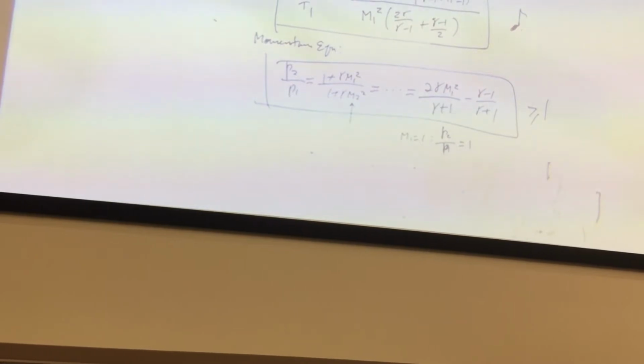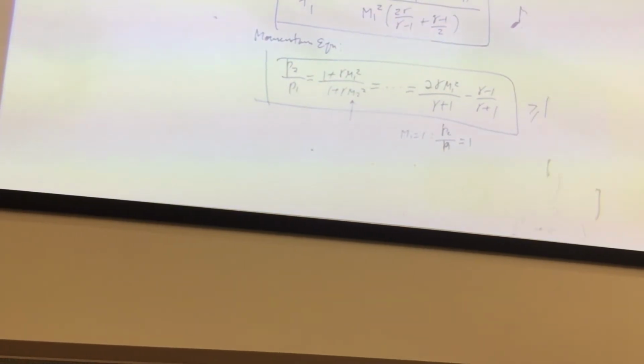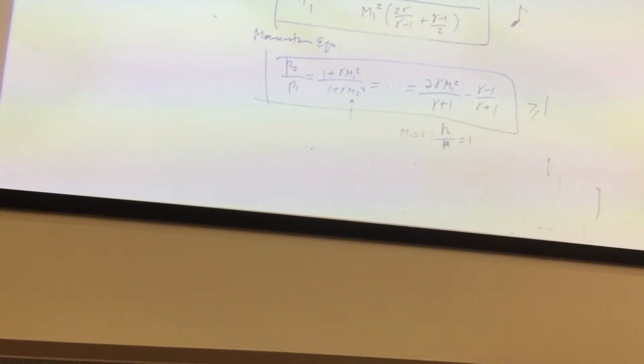That will be a very weak shock wave, because as M1 increases, M2 decreases. So a strong shock wave will give you smaller M2, larger P2 over P1, and larger T2 over T1.